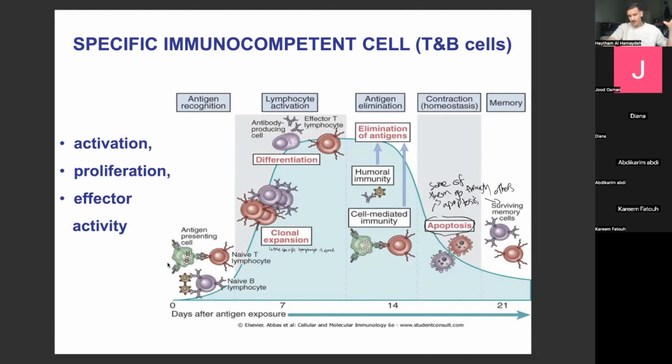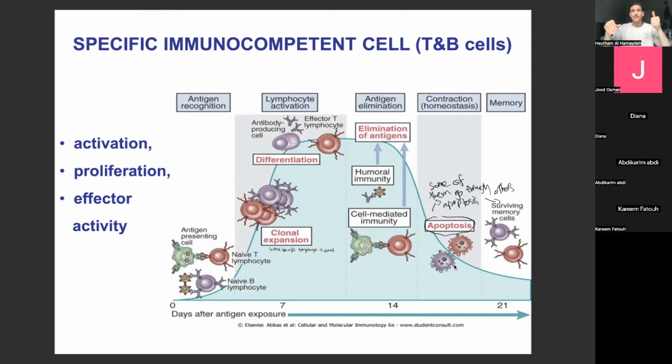So here we are going to look at the activation, the proliferation and differentiation, and then the effector function of how they actually attack the bacteria. And each section of this life cycle includes tests that test for the function of that specific stage of the life cycle of T cells and B cells.